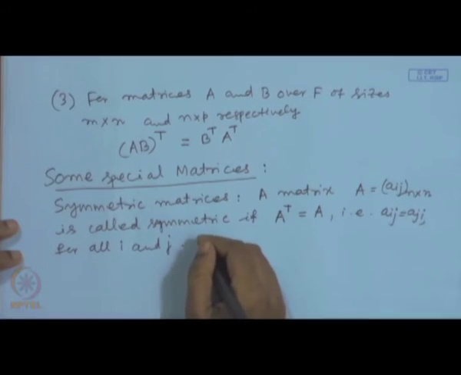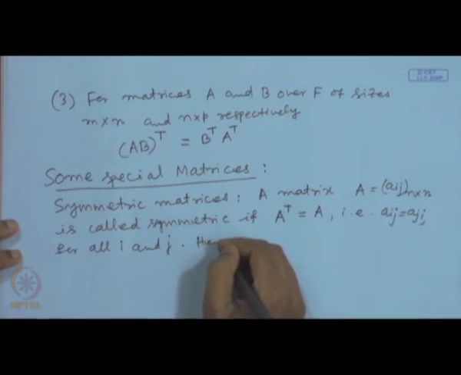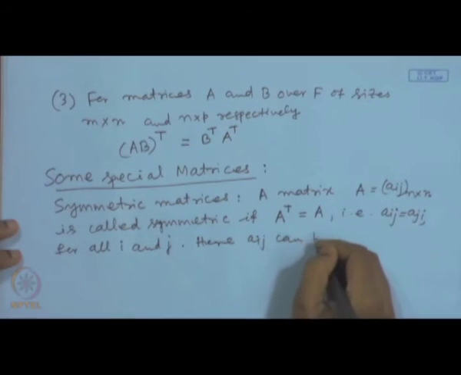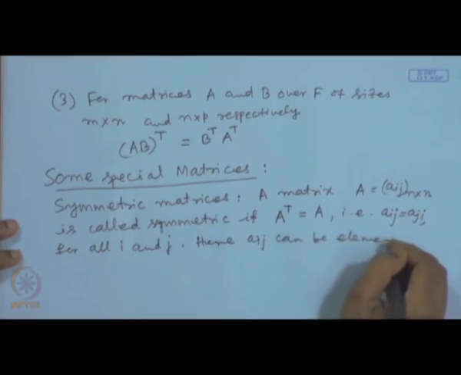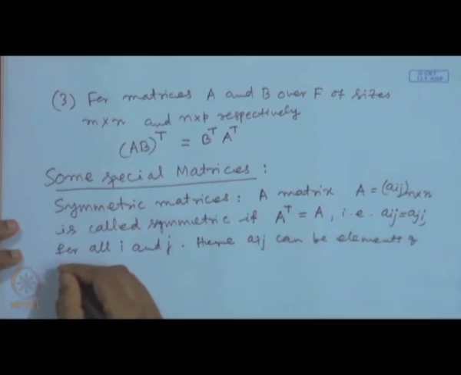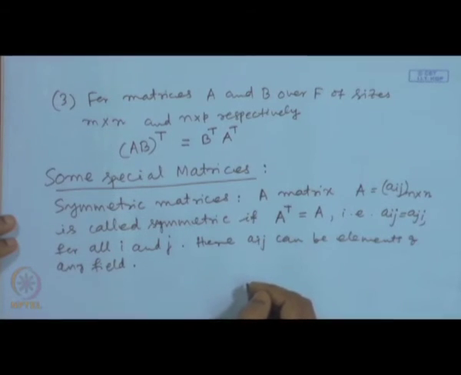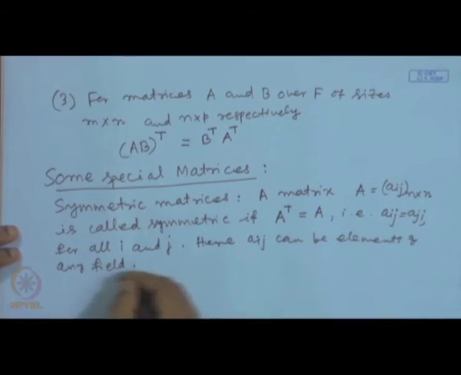Here the entries Aij can be elements of any field, of course. Some people consider the elements of a symmetric matrix to be real numbers, but in general we can consider them to be elements of any arbitrary field.